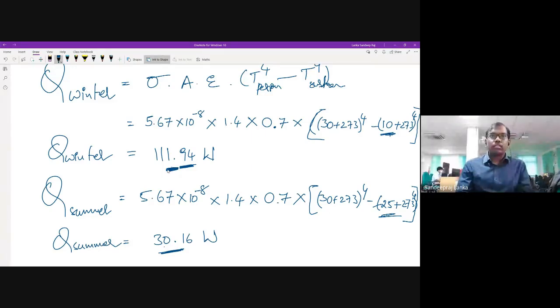So in winter, radiation heat transfer between you and your walls is very high when compared to the summer. That's why you will feel that chilliness in winter and warmness in your summer. So that's the point here, right? So that's what you can understand from these.